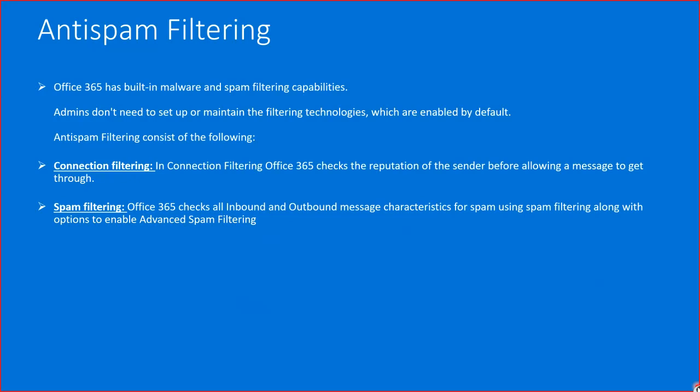So Office 365 checks the characteristics of the message consistent with spam. Advanced spam filtering is an admin option which is used to aggressively scan the message based on the source of the message, based on the language of the message. So these are the settings that the admin of the tenant can review and modify, and that's what comes under spam filtering.